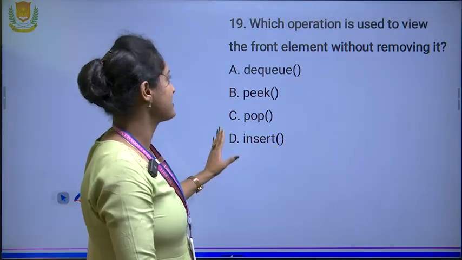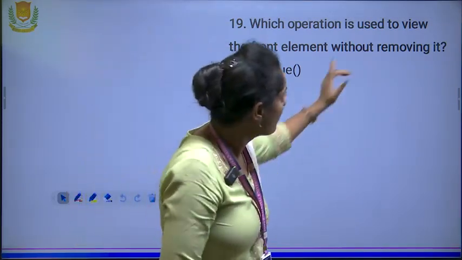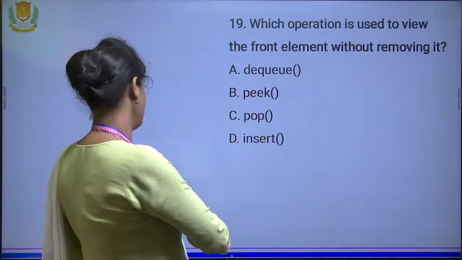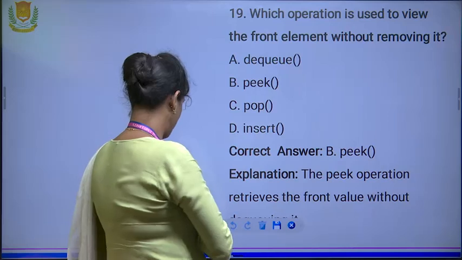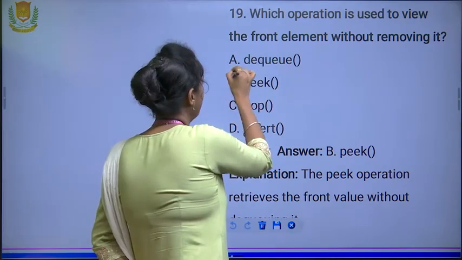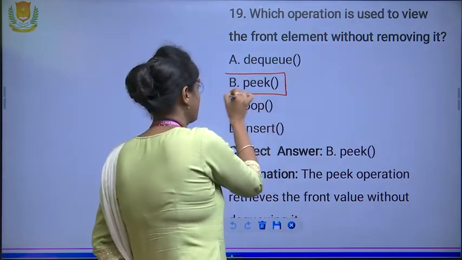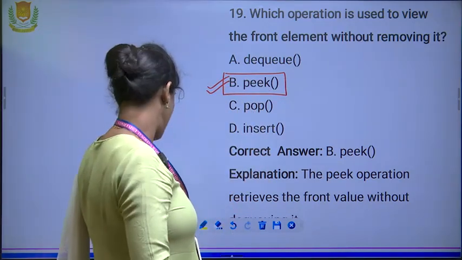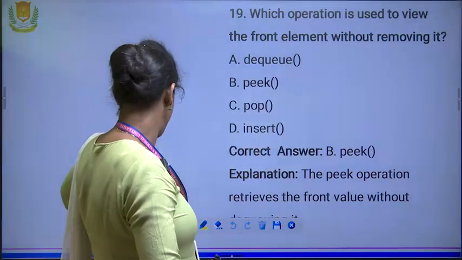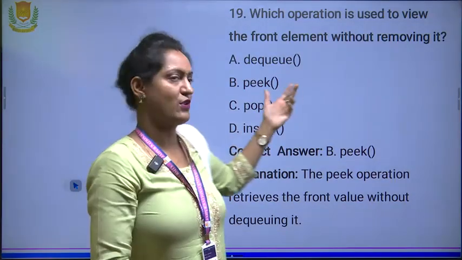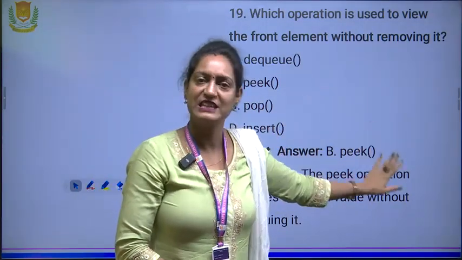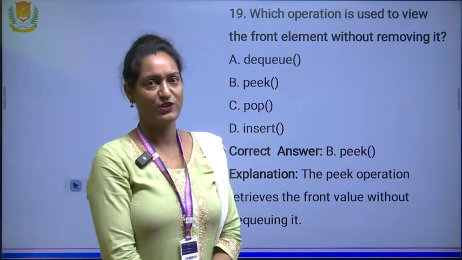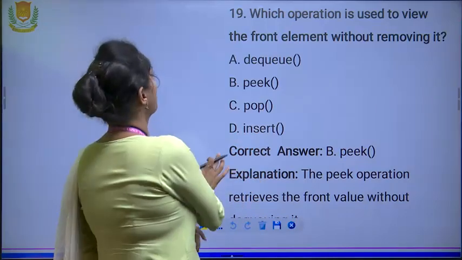And the correct answer for view only is option B, that is peek operation. Peek operation is generally used to retrieve information from the front of the queue without deleting an element.